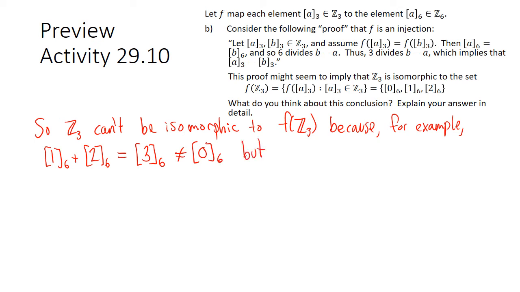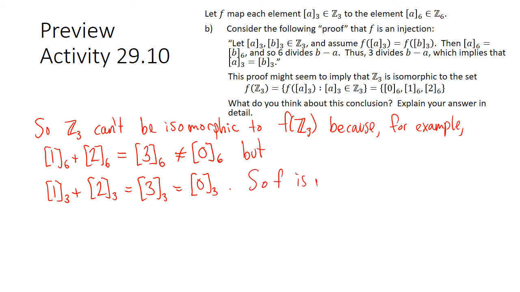But when you do those two elements in Z3, 1 mod 3 plus 2 mod 3, you get 3 mod 3, which is 0 mod 3, right? So when you add 1 and 2 in Z3, you're supposed to get the identity, but when you add 1 and 2 in Z6, you don't get the identity. So it doesn't make sense for these two to be isomorphic. So f is not preserving the group structure.